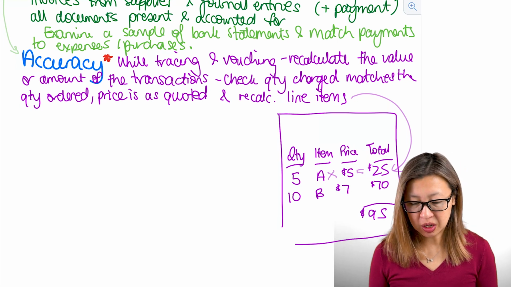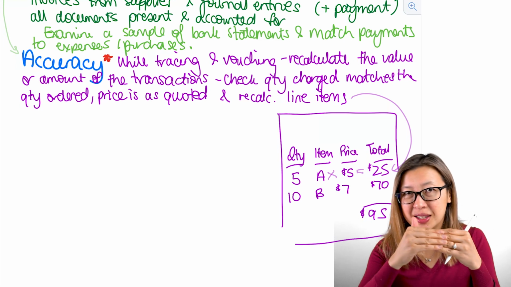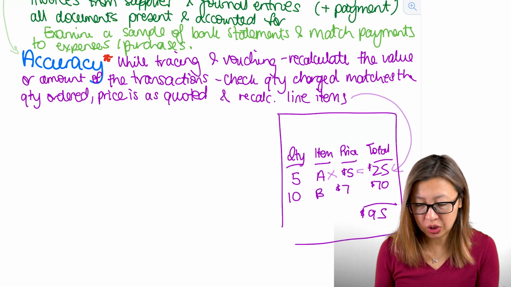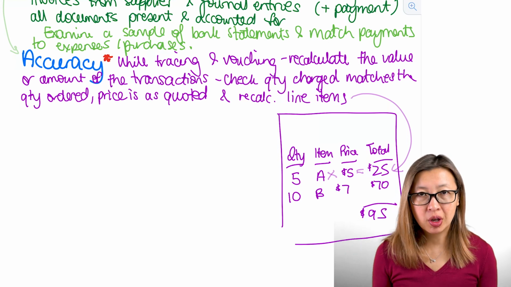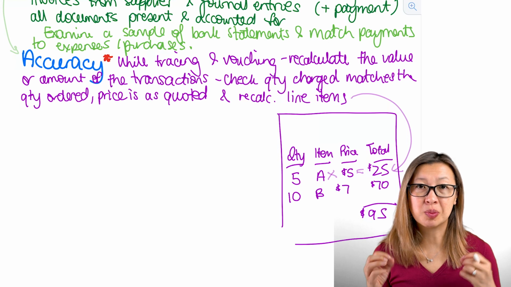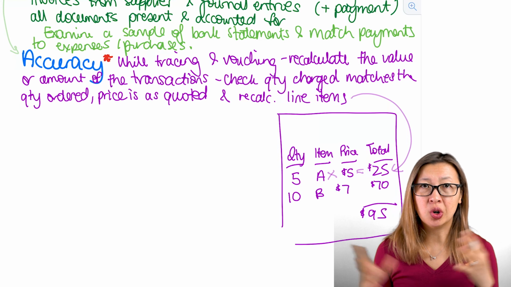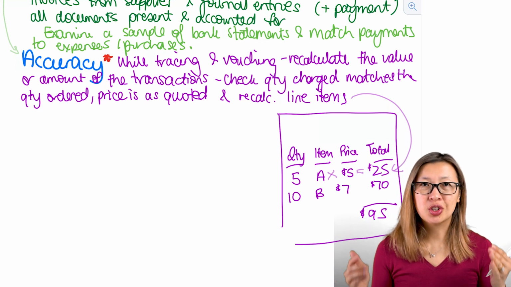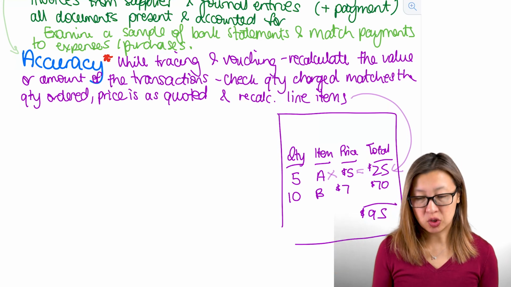Now you might sometimes see this as calculating the extension, so it's really the extension of the line, and checking the total sometimes can be called footing the total. I tend to use just plain English here, but if you're at a specific audit firm, they might use some of these specific audit terms, but I'm approaching this from the perspective of you don't know any of those specific pieces of terminology. So recalculating the line item is looking at that individual line item.